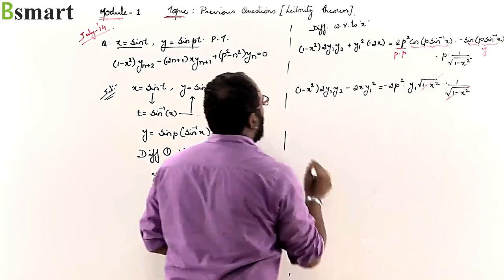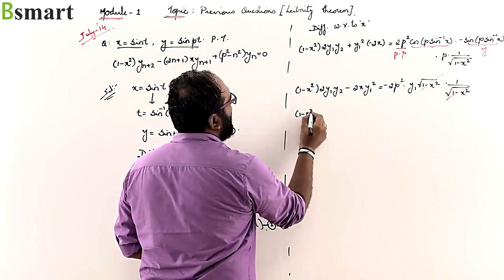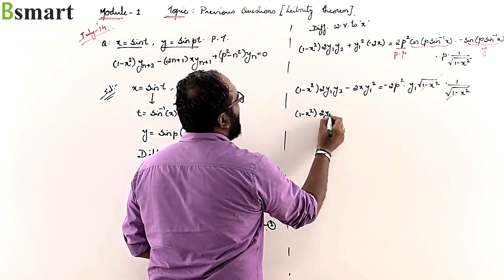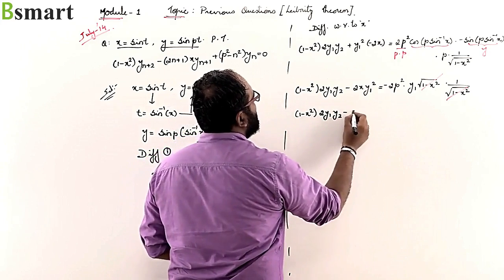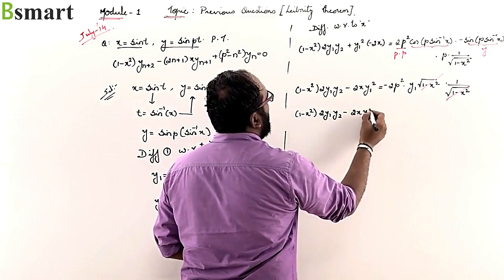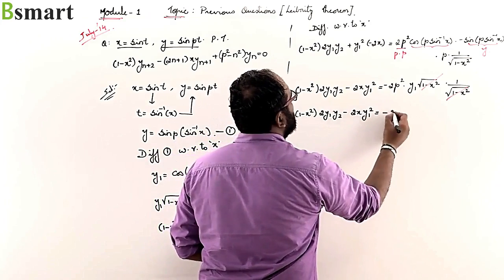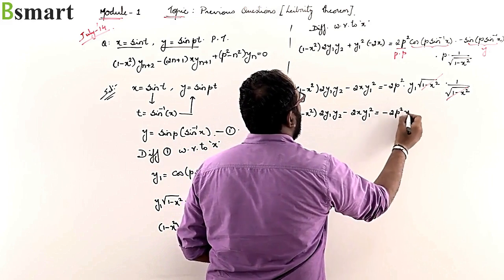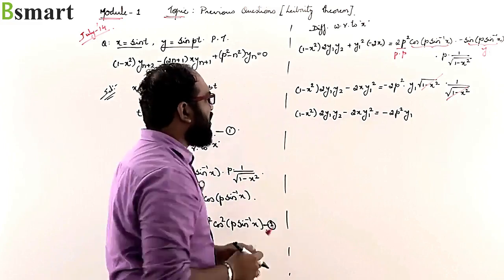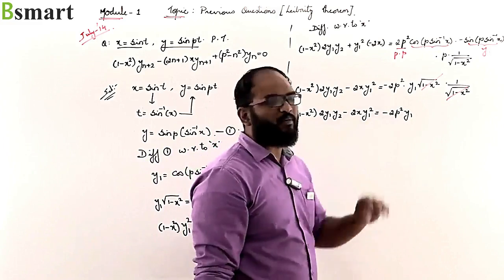Then (1 - x²) 2 y1 y2 - 2x y1² equals -2p² y1 y. Now from overall, can I take out 2y1 common?